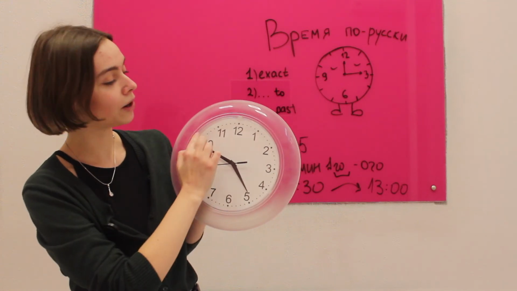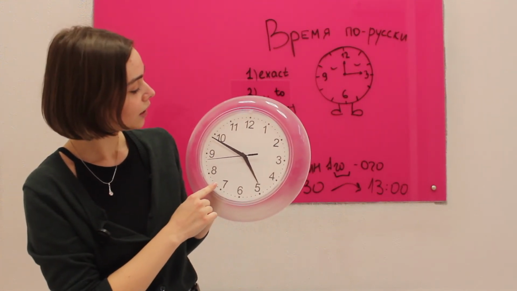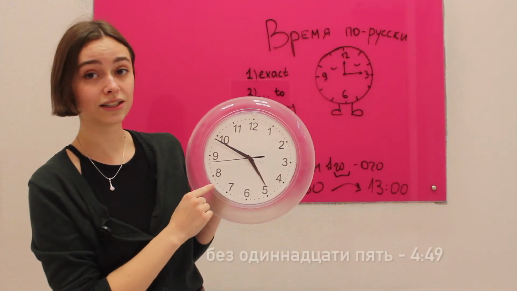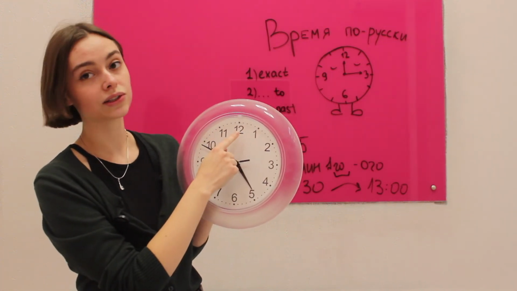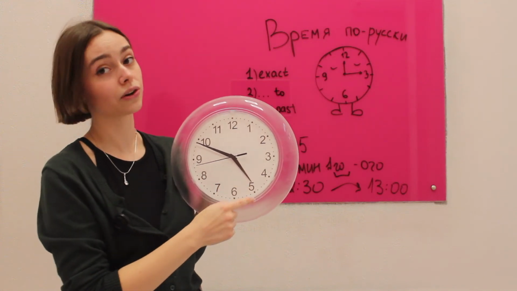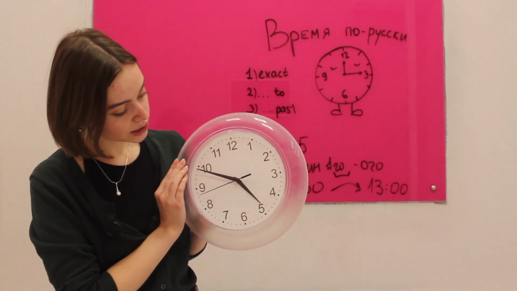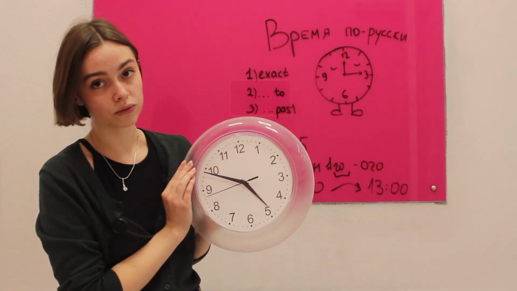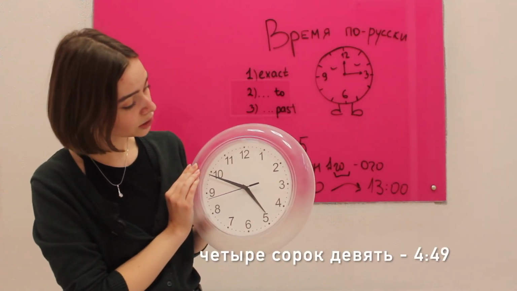And so we're going to talk about the remaining minutes. We're going to say that it's без 11 минут 5. So it's 11 minutes till 5. We're talking about the next hour again. Or we can simply say that it's 4:49. That's not going to be a problem.